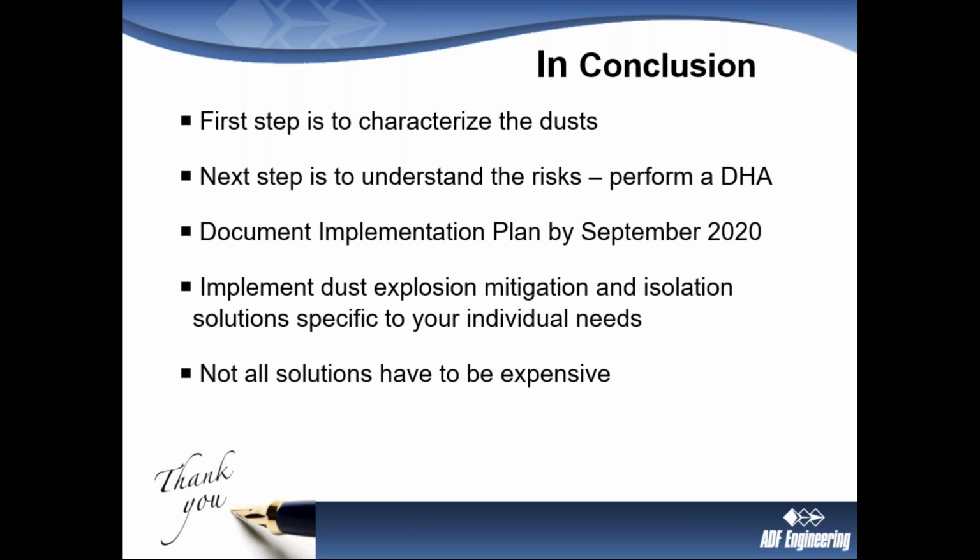If you are not a food facility, if you are making something that is pharmaceutical, or if you are making something that is industrial, like industrial grade starch, your deadline is next month. It's a month away. You need to then follow up and implement your mitigation plan specific to your individual needs. Not everything has to be expensive, so have things looked at by an engineering firm who knows what they're looking at.